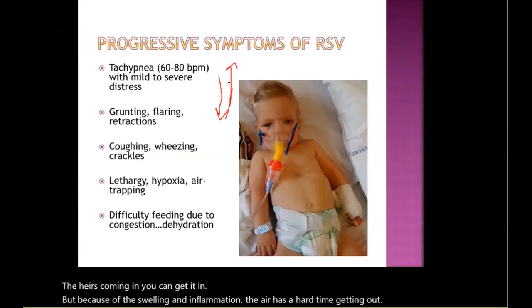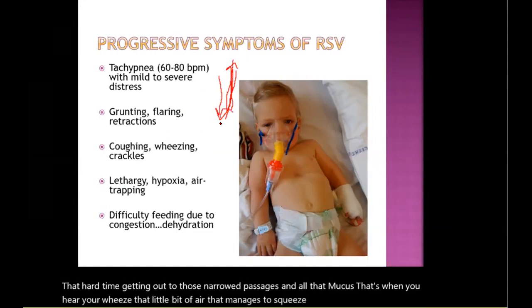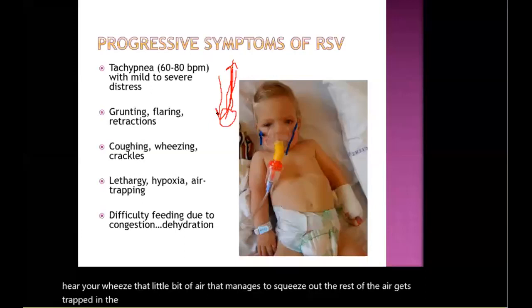That hard time getting out through those narrowed passages and all that mucus, that's when you hear your wheeze. That little bit of air that manages to squeeze out, the rest of the air gets trapped in the bronchioles. So you get air trapping.